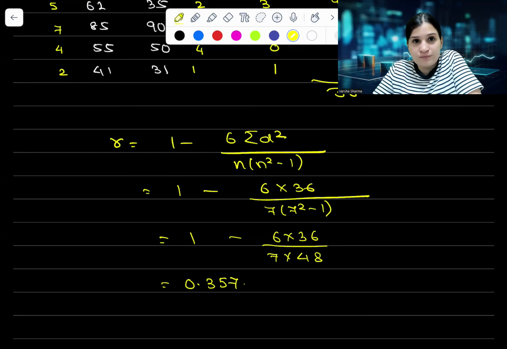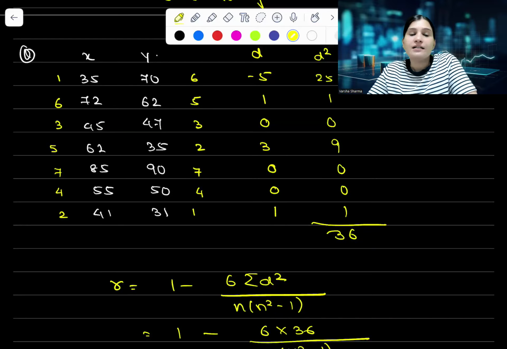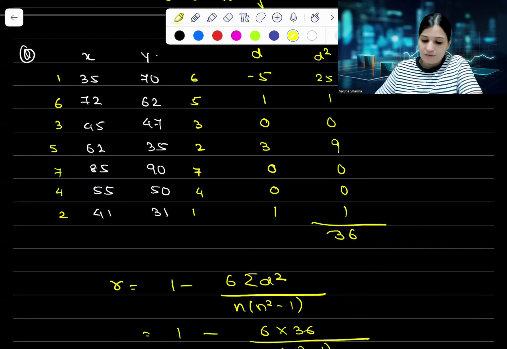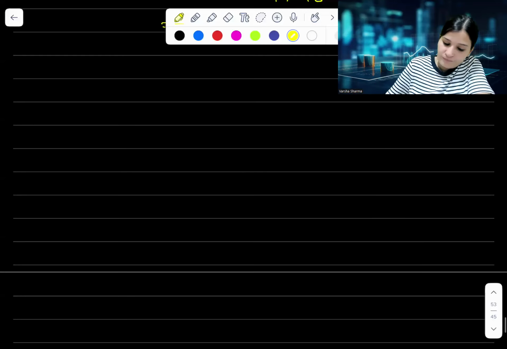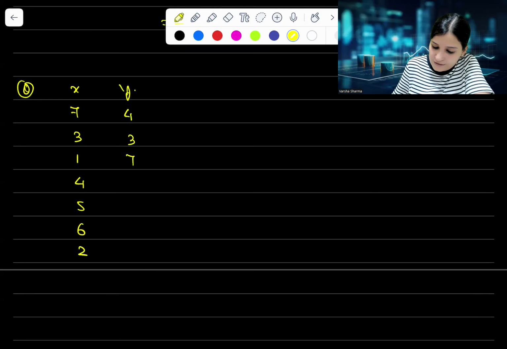No, ma'am. So this formula will be used when no two observations are the same, and all the rankings are different. In some cases, like here, the data was not arranged, so obviously it wasn't ranked. Sometimes we'll give you the rank itself. For example, X: 3, 1, 4, 5, 6, 2; Y: 4, 3, 7, 6, 2, 1, 4.